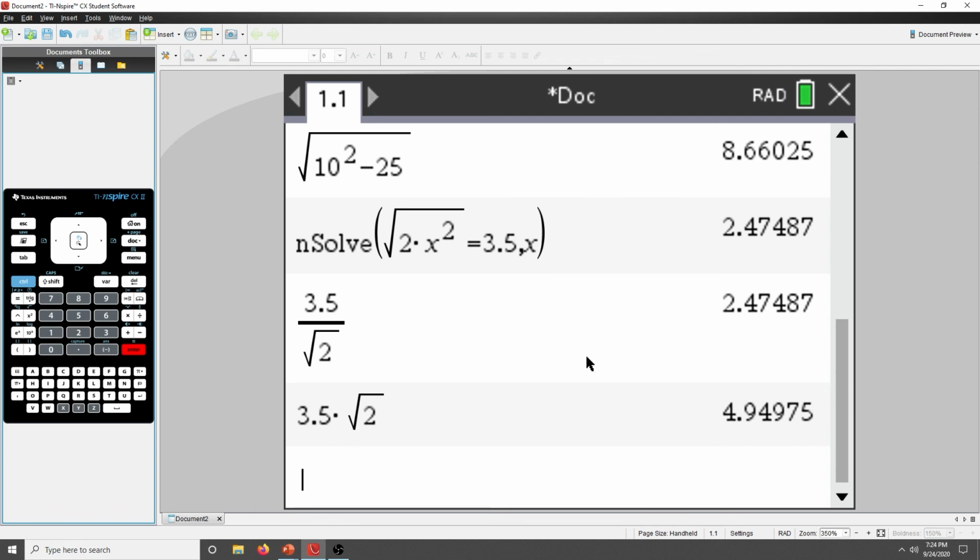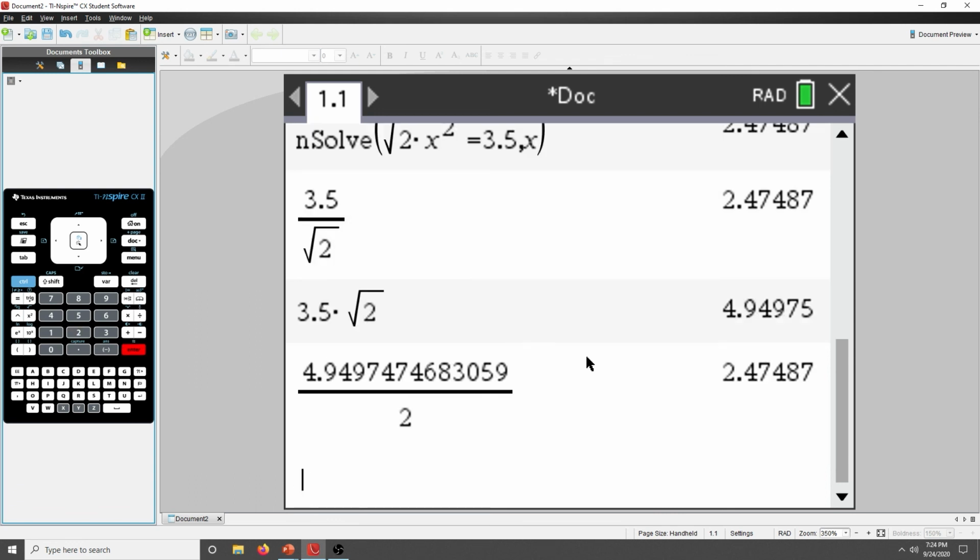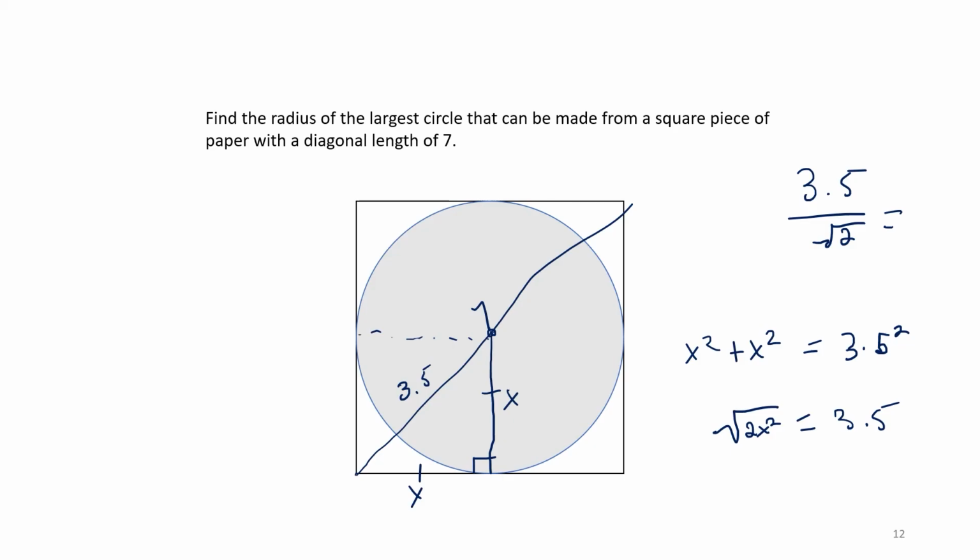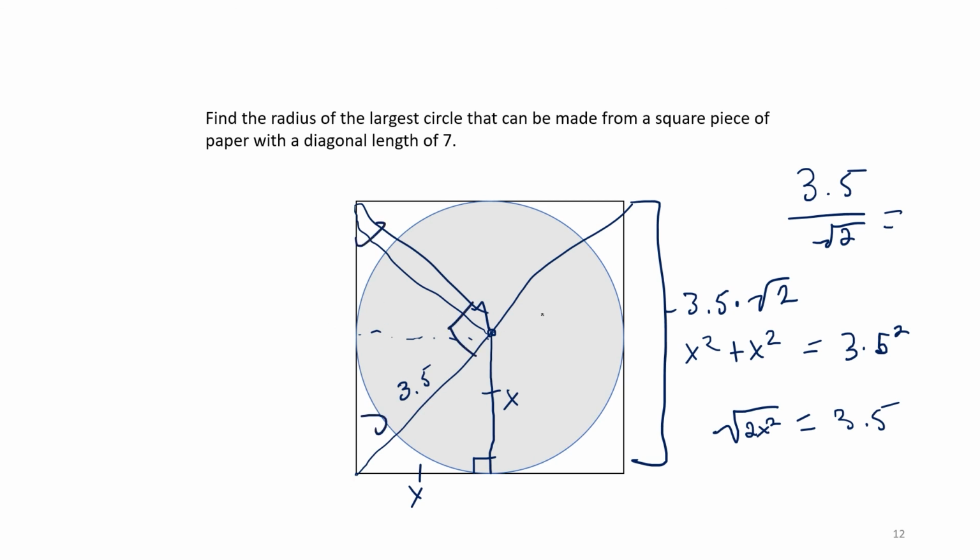It gives you the whole side length of the whole square, which we don't want. That would be this length, 3.5 times root 2, which makes sense because this whole thing is also a 45, 45, 90 triangle. This is very messy now, but anyways, you could also do the problem in that way.